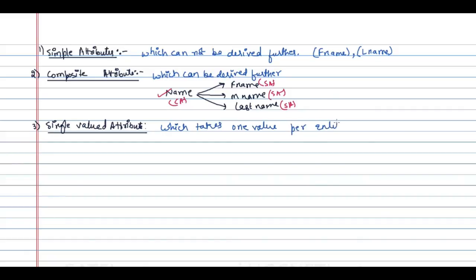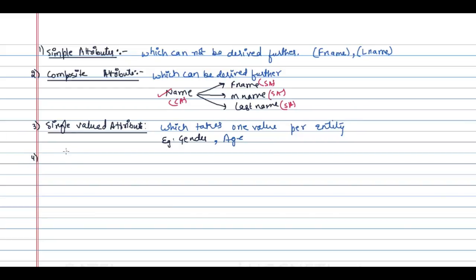For example, gender: a person can have gender male or female, but he cannot have both at the same time. Single valued attribute means exactly one value. Or take the age of a person. A person cannot have 2 different ages simultaneously. He will have only one single age. That is why it is called a single valued attribute.